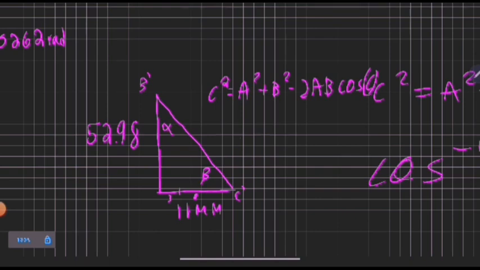So of course, to do that, we need to be able to find this length, which is just the square root of 52.98 squared plus 11 squared, or 54.11 millimeters.